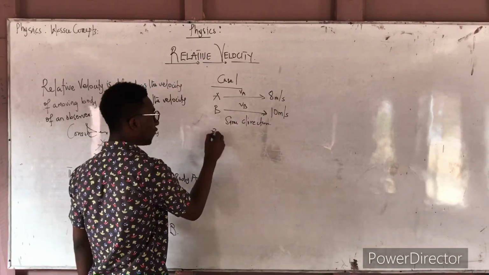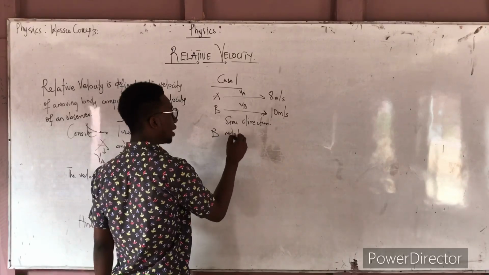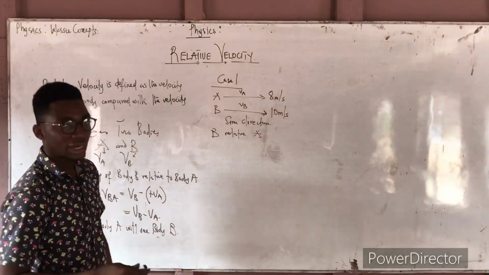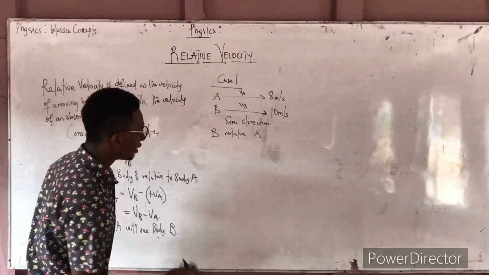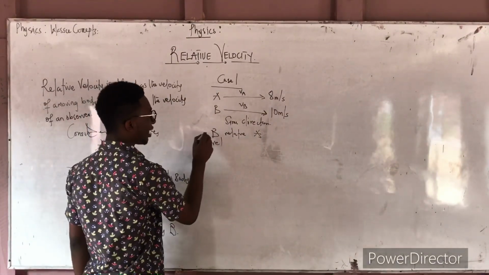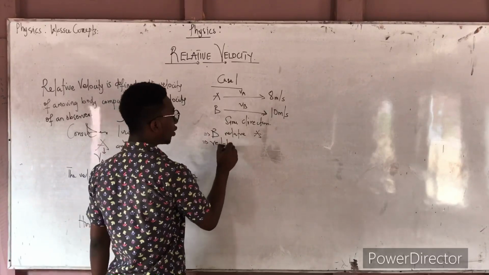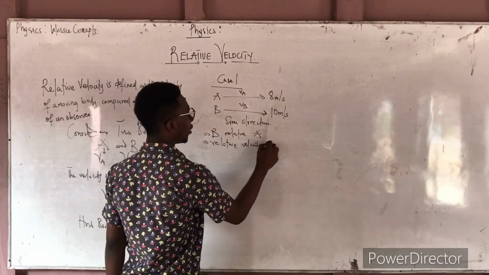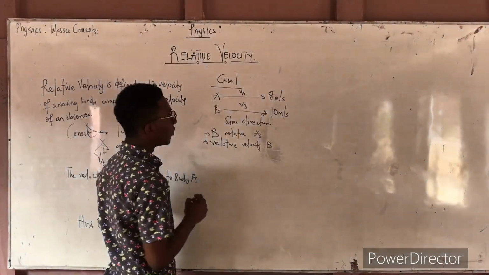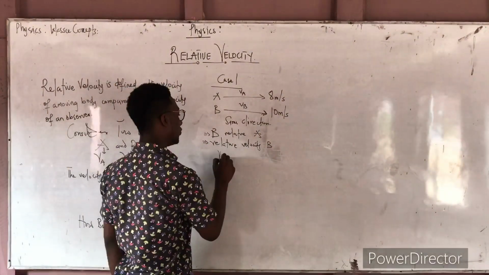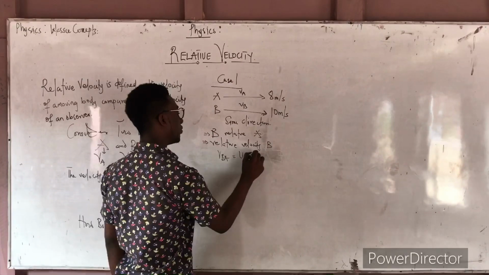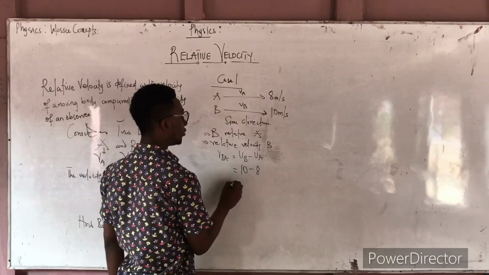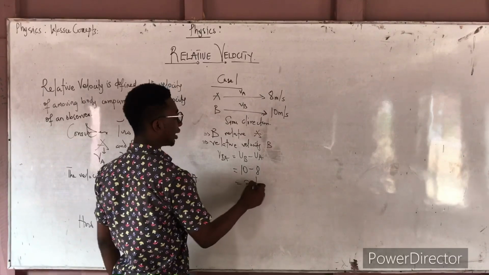Then the velocity of B relative to body A, or the relative velocity of B with respect to body A, is simply VBA, which is VB minus VA. That gives 10 minus 8, which is 2 meters per second.